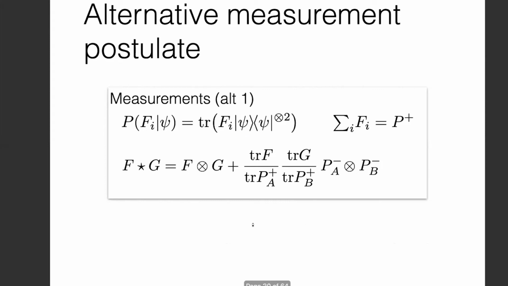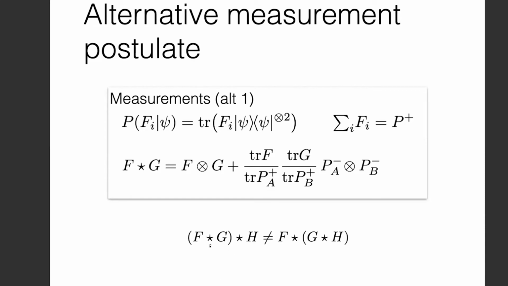But now we are going to find a property of this theory that makes it inconsistent. This property is the fact that this star product is non-associative. This doesn't make sense because the way we divide the universe into subsystems is a subjective choice. It cannot make a difference to the probabilities that we predict.